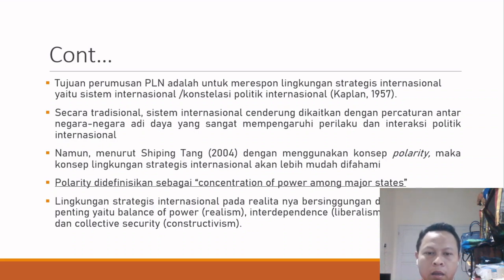Then liberalism sees interdependence. And for constructivists, the relationship among major powers is because of the connectivity of identity.